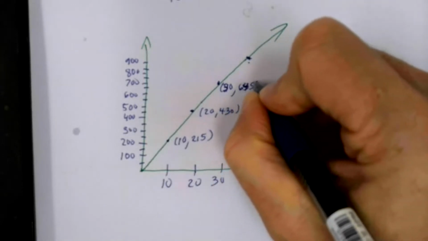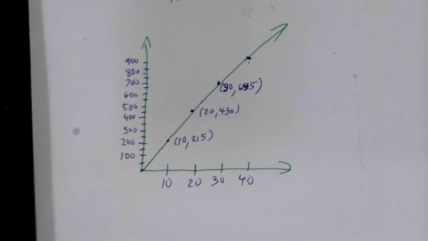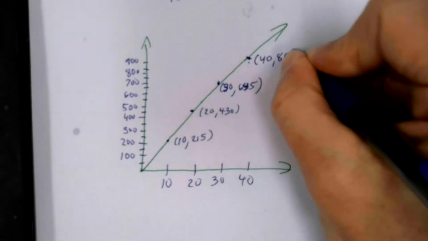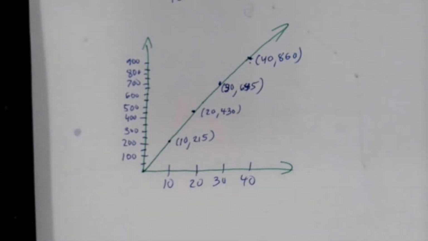Pretty sure. I'll double-check that. And then 40 and 860. I believe that value is wrong. I have to do a quick check on my calculator. Yeah, it should be 645.